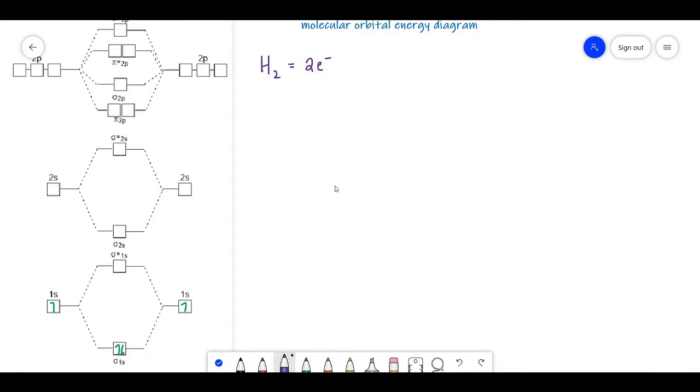Now to calculate the bond order, we have a formula: bond order is equal to bonding electrons minus anti-bonding electrons, divided by 2. Here sigma 1s is bonding, while sigma star 2s or pi star are anti-bonding.